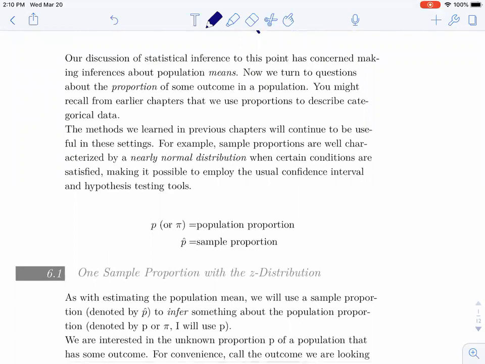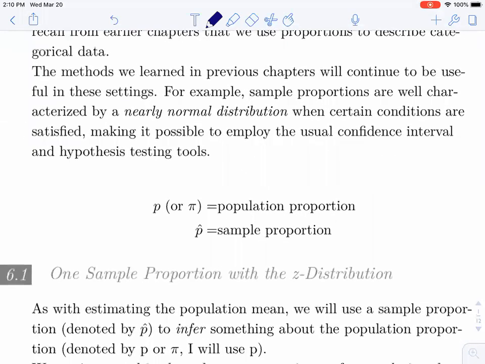Just like before, we have to keep track of population information over here, sample information over here. We're going to have a population proportion and a sample proportion. I'm going to use a lowercase p for a population proportion, which kind of goes against my rule of thumb where I use Greek letters for the population.